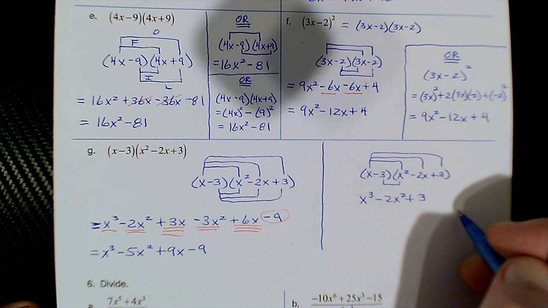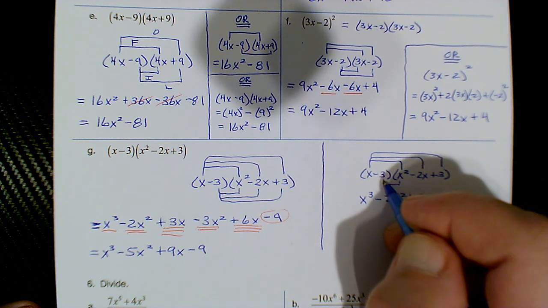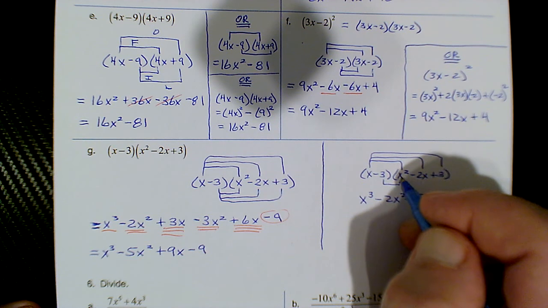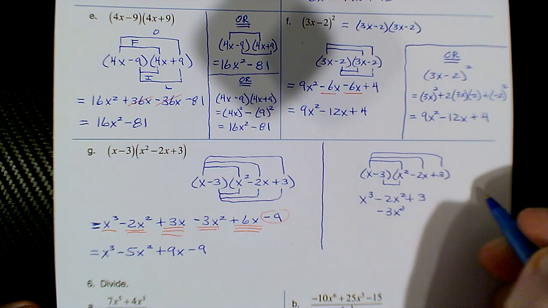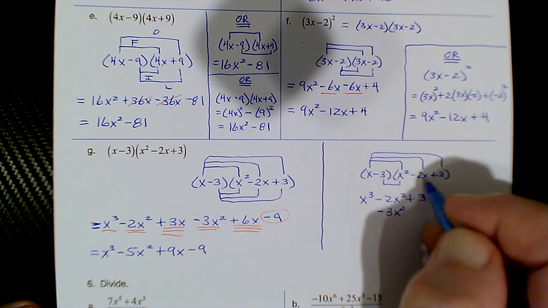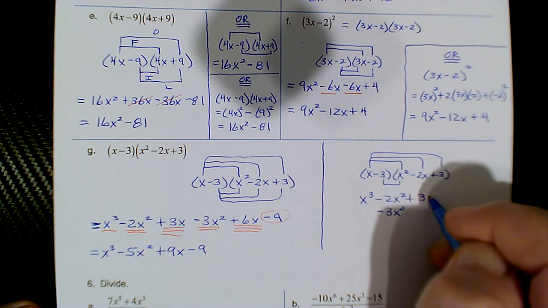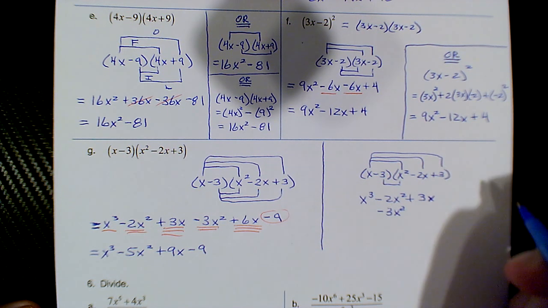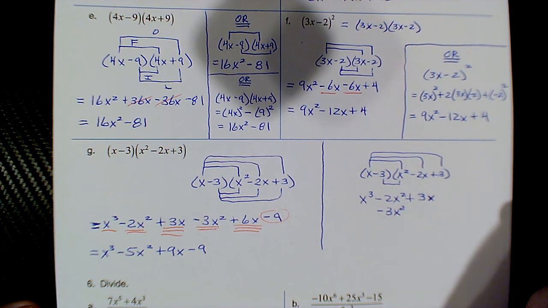So the first product we get when we distribute this negative 3 is negative 3x squared. So I'm going to strategically place it below the x squared that is generated from the x times the negative 2x. And I just noticed this was x times 3x. That should be a 3x at the end there. Or excuse me, x times 3 should give us 3x for that final product of the distribution of this x.